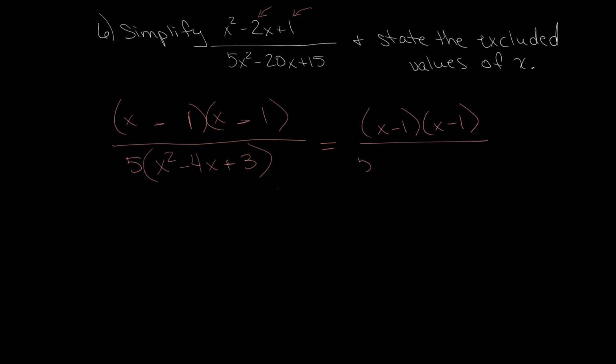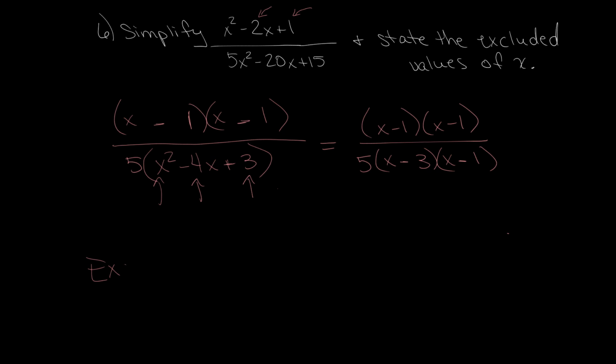And in the denominator, I'm just going to leave that 5 there for now. What multiplies together to give me x squared, x and x? What multiplies together to give me a 3? Well, 3 and 1, but they have to add together to give me a negative 4. So both of these are going to be negative. So that's completely factored.